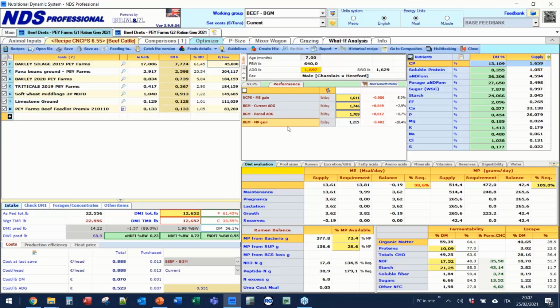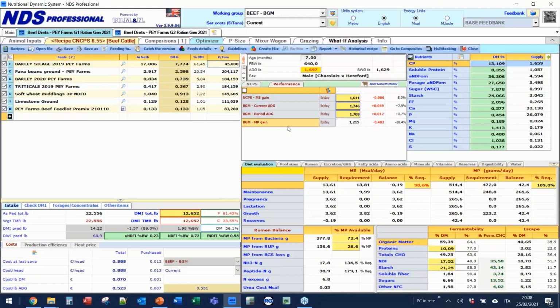The beef growth model is able to provide two different average daily gain predictions. One is called current average daily gain. That means that based on the diet we are formulating and the current metabolizable energy supply, the system predicts how much our beef are growing now.